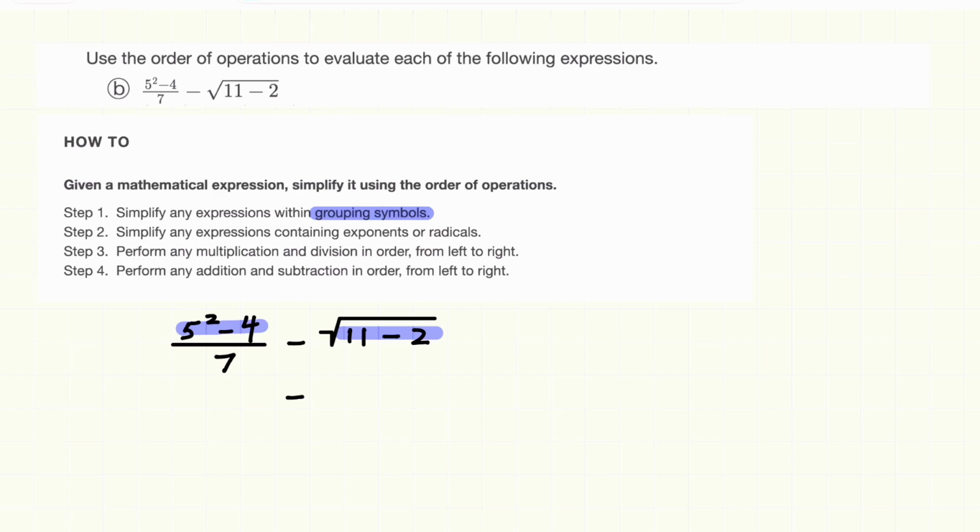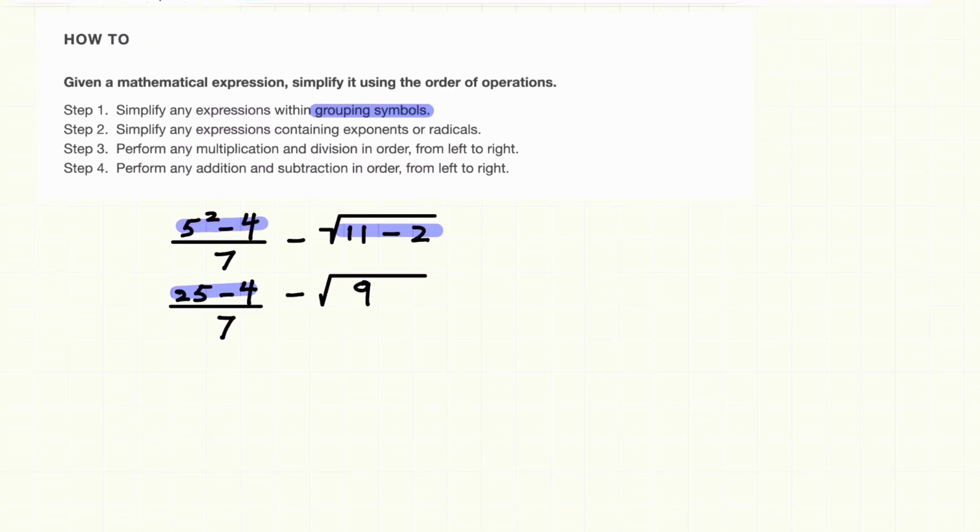And so simplifying, that numerator 5 squared minus 4 has an exponent and subtraction, and the exponent gets done before the subtraction. So 5 squared is 25, and under the radical, 11 minus 2 is 9. Notice that we still have the 25 minus 4 grouped together in the numerator, so I would move to that next. 25 minus 4 is 21 over 7 minus the square root of 9.